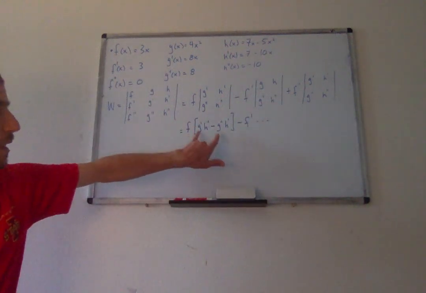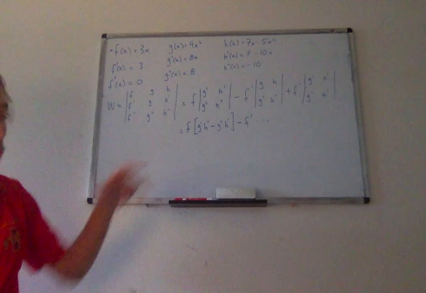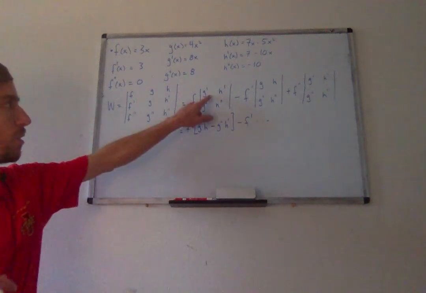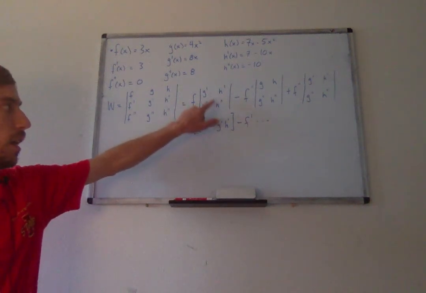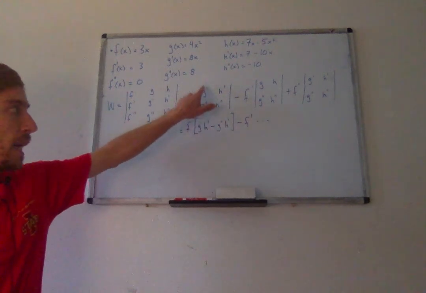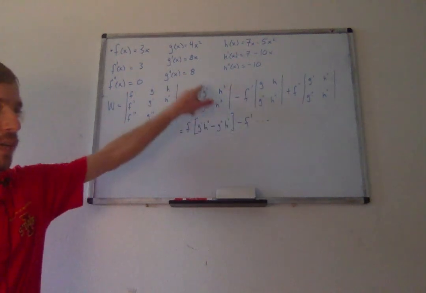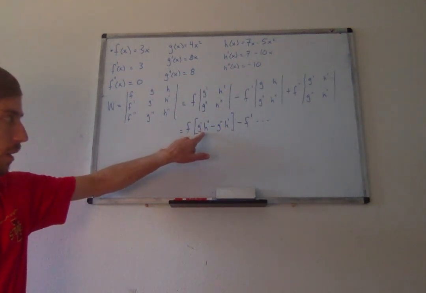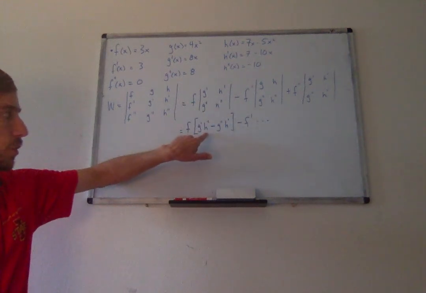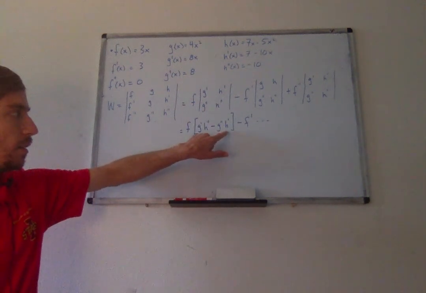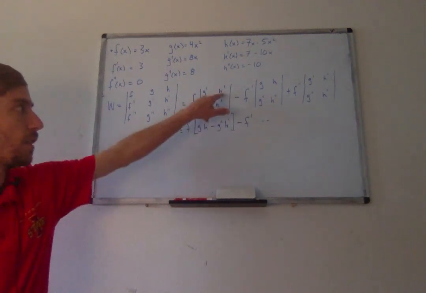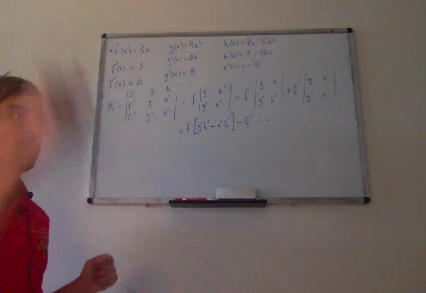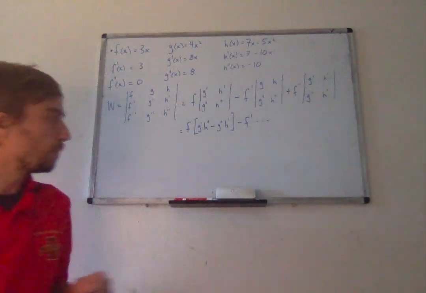The determinant of this is the difference of the product of the diagonal terms. So we call this the main diagonal, the left to right diagonal, you take the product of those two terms, and then subtract off the product of the other diagonal, so the right to left diagonal.